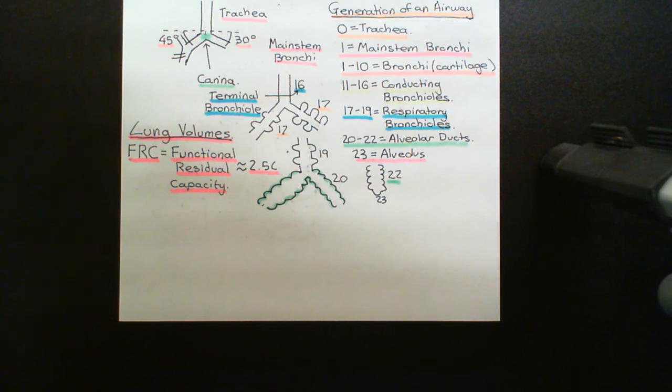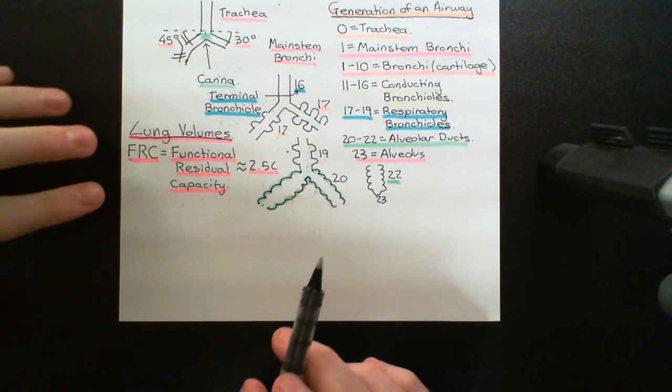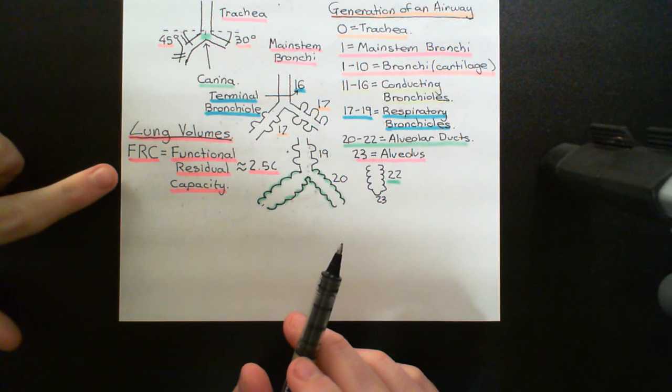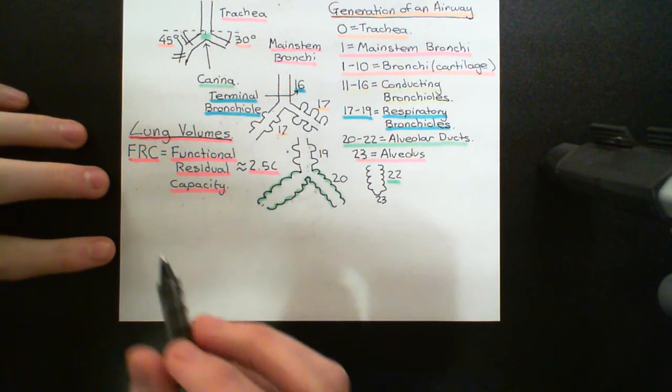It's just averages. And of course it does vary for different people. If you've got a massive 7-foot man and a 5-foot man, then they will have different functional residual capacities. Okay, so that's what is meant by functional residual capacity.